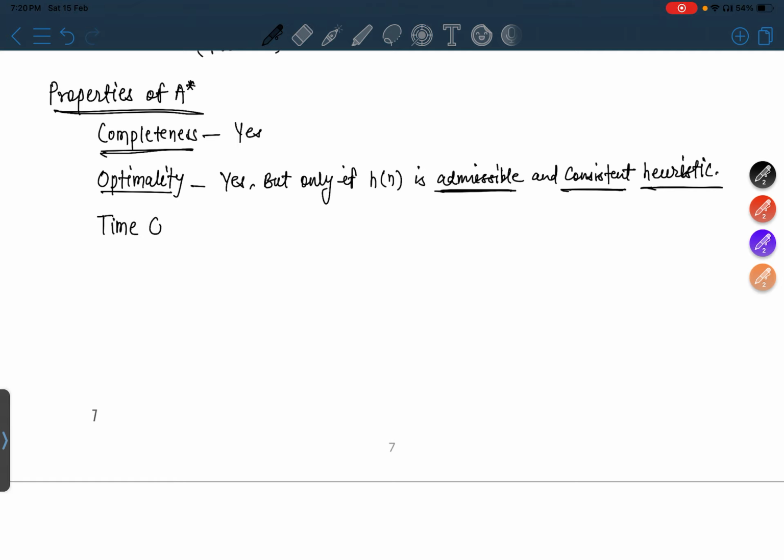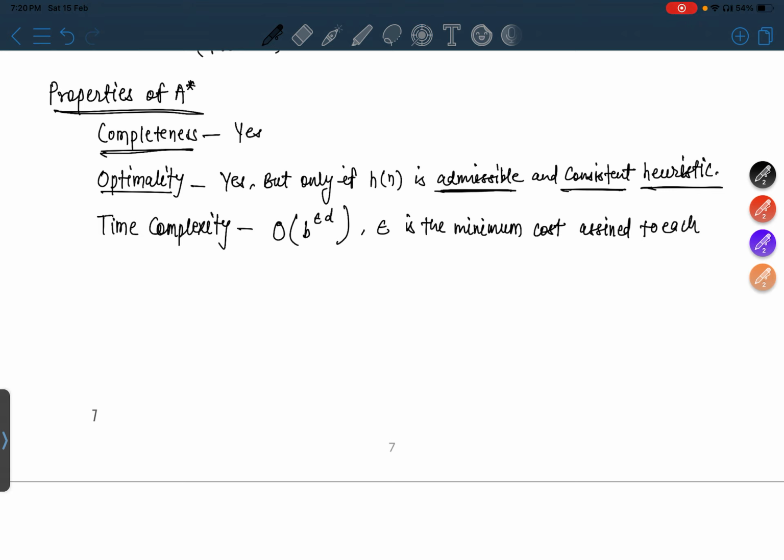Time complexity. A star has the time complexity of B to the power epsilon D, where epsilon, we already know, is the minimum cost assigned to each action.